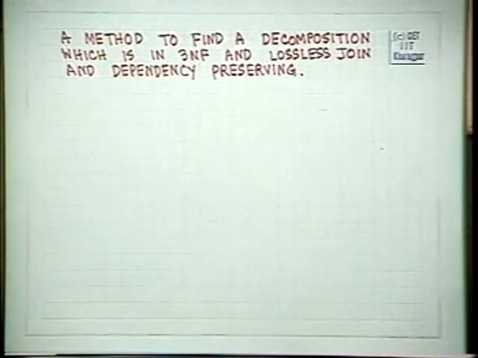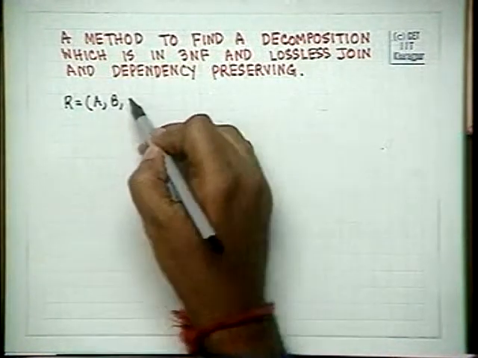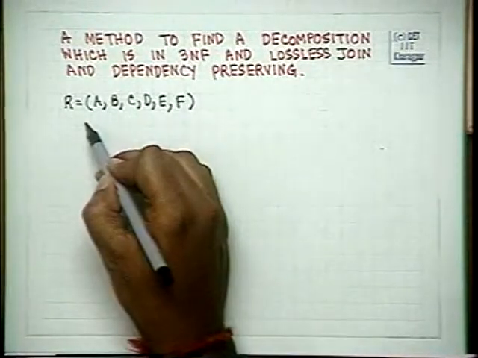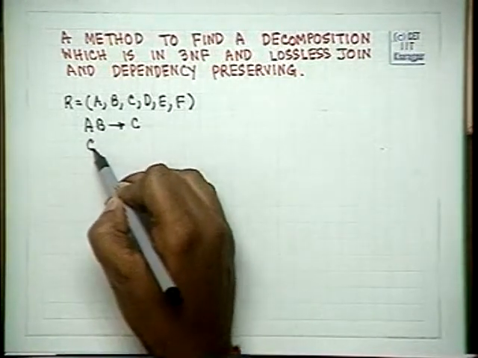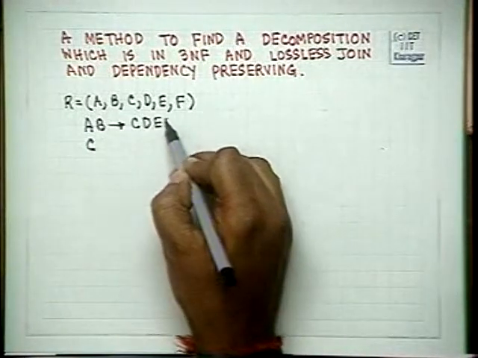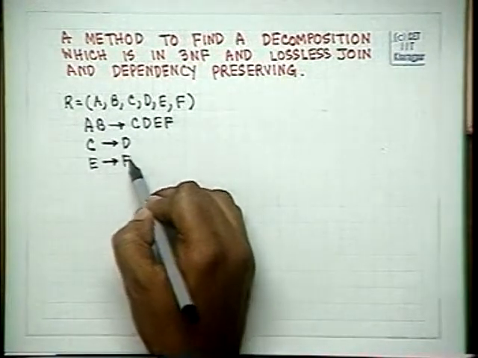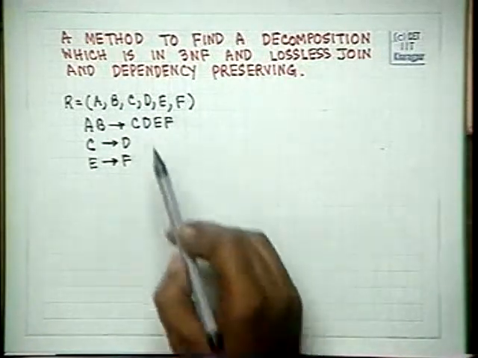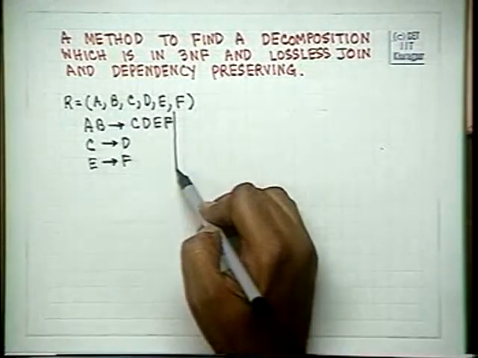This algorithm is slightly different from the previous one. Let us take back our original relations. So let us look at it in canonical form: C, D, E, F, C to D and E to F. Obviously, we will first take the dependencies and put them in canonical form. There is no point in having excess items out here.